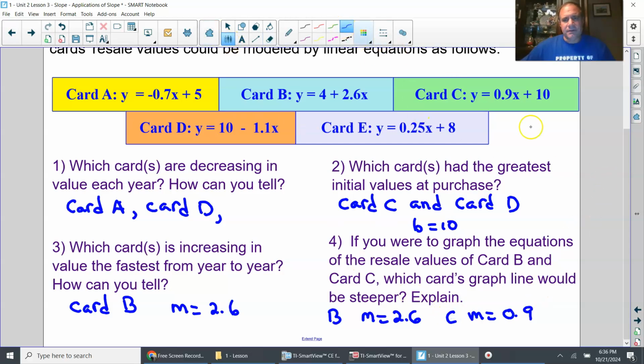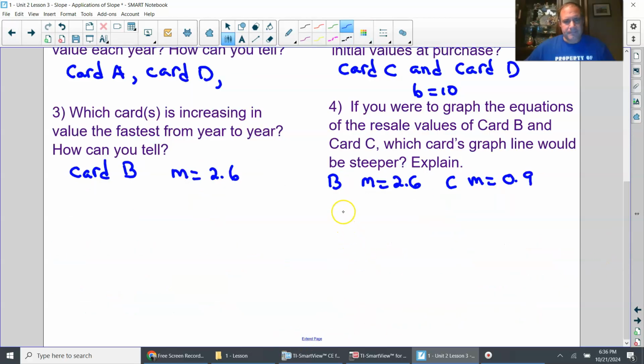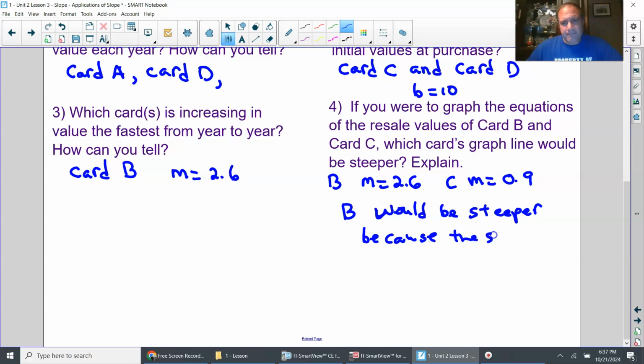Obviously B would be steeper, and B would be steeper because, again, the slope is further from 0. And that's basically it for that one.